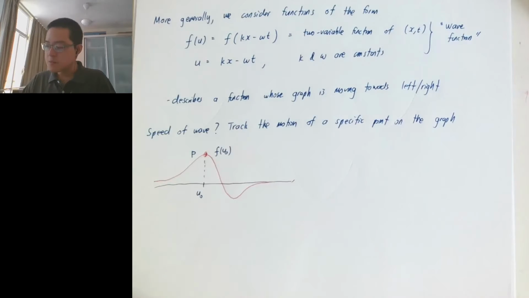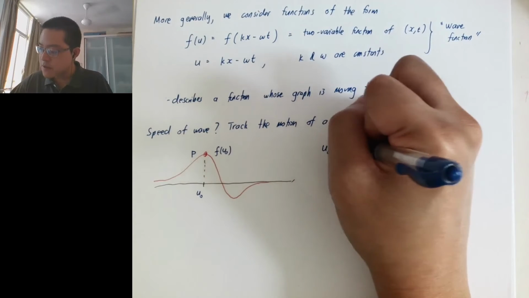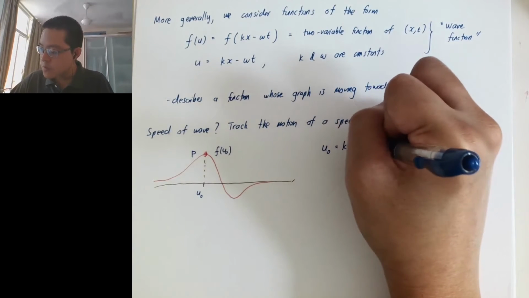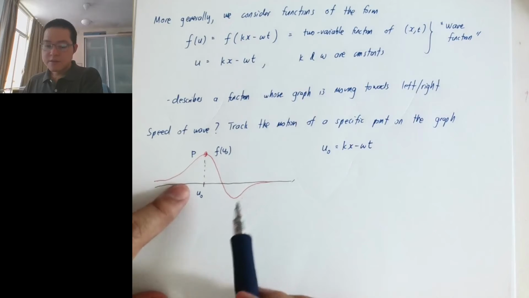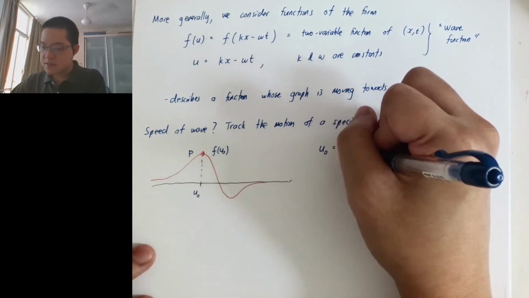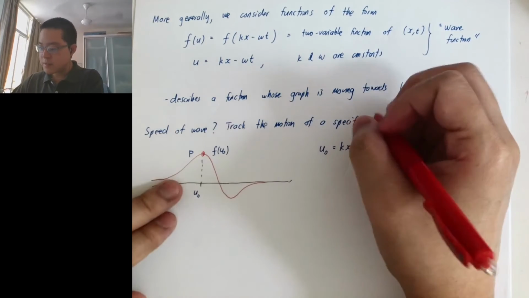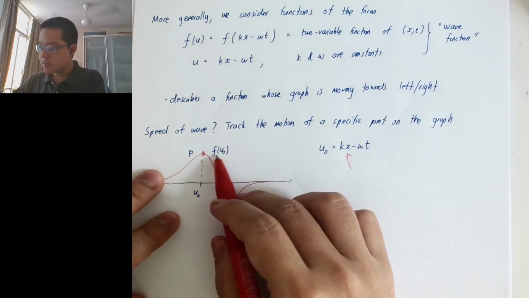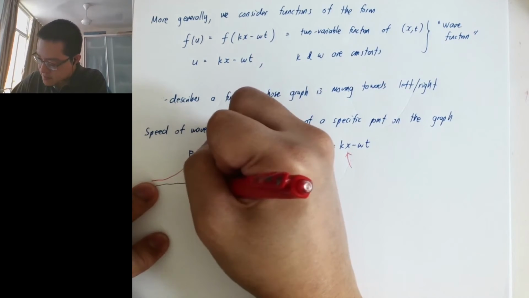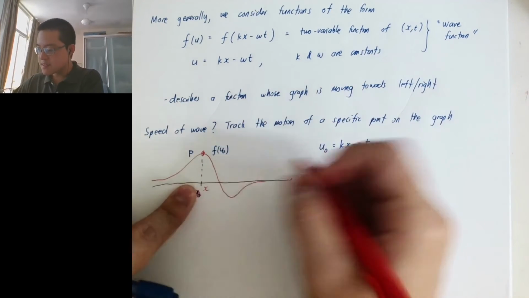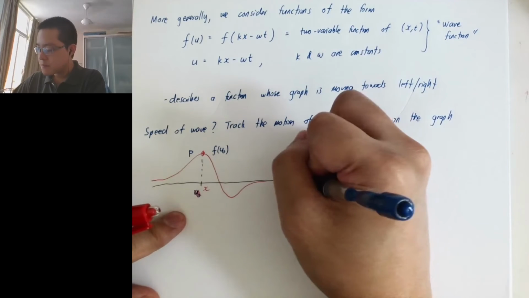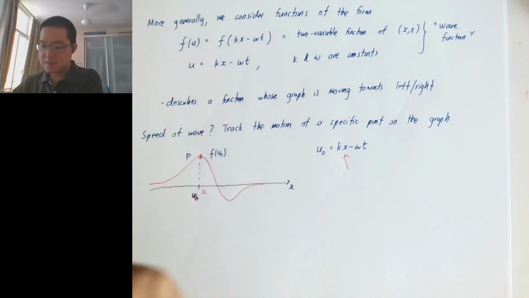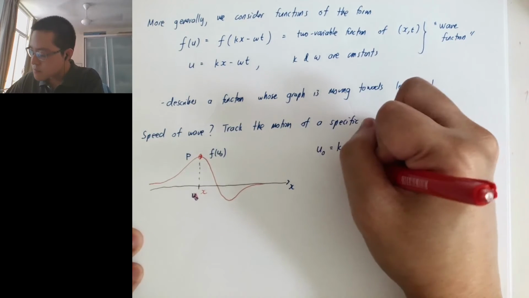My u0 is just a short form for kx minus omega t. The x here, this one should be x, because this is the x coordinate of point P.